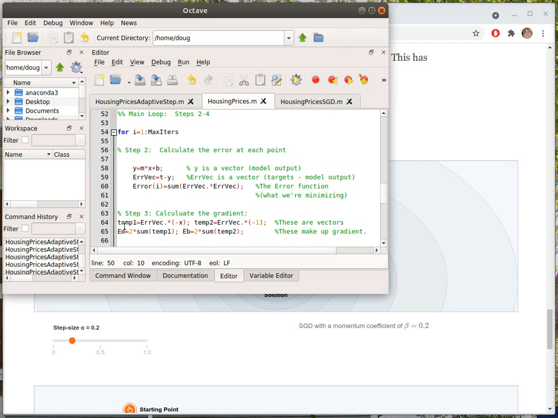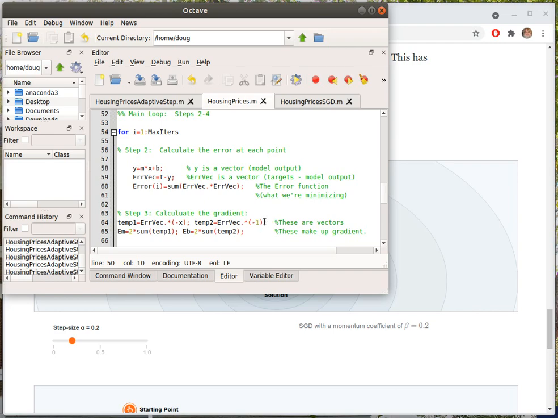And now if I want to compute the gradient, we computed that in the notes. So this is computing the partial derivative of the error with respect to m, and then temp2 is going to be the partial of the error with respect to b.